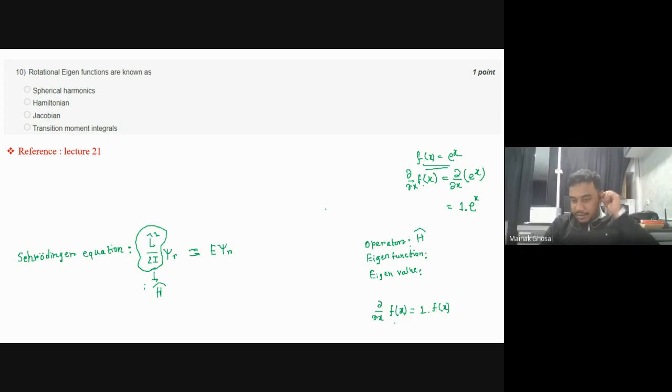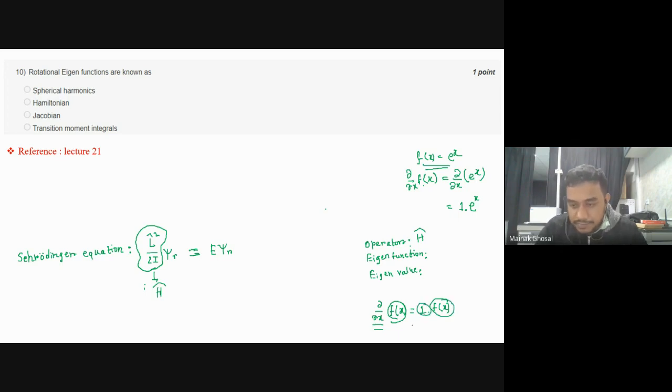So when I've written it correctly, you can see clearly that there is some operator which is operating on a function to give the same function back multiplied by some value.